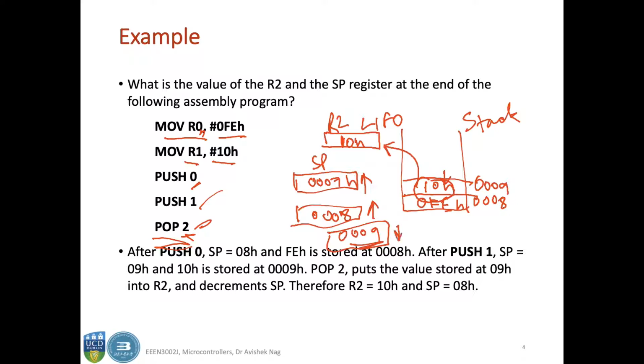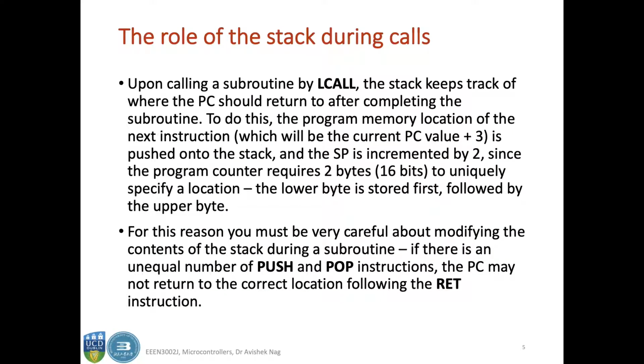So there are many things happening here. First of all, whenever in your code you are using lcall, if you recall, lcall is a 3-byte instruction, right? Wherever in your program lcall is, the moment it is executed, it will jump to the address pointed to by lcall.